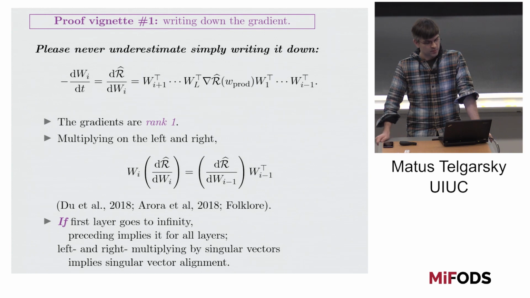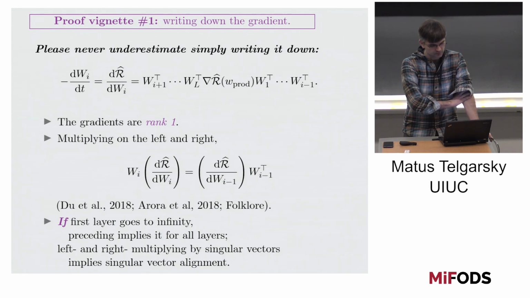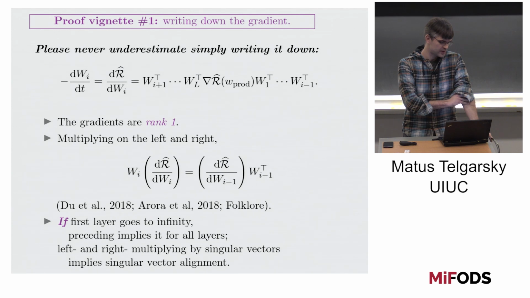Now, if you take this expression and multiply it on the left and right by two different matrices, then you get this expression: W_i transpose times the gradient with respect to W_i, minus the gradient with respect to W_{i-1} times W_{i-1} transpose. This has appeared a bunch of times.